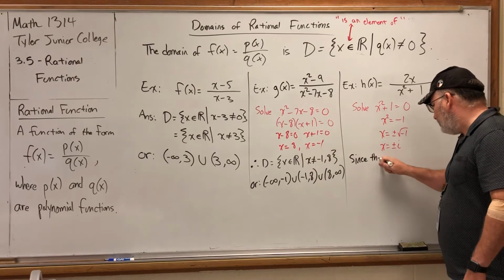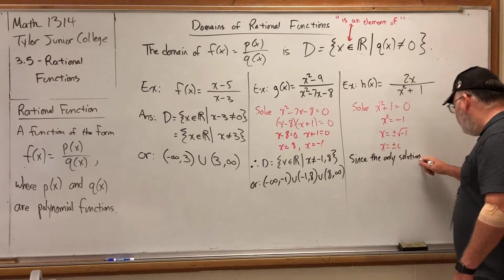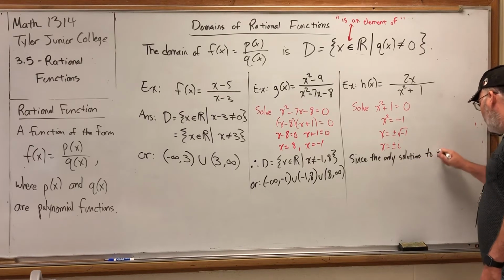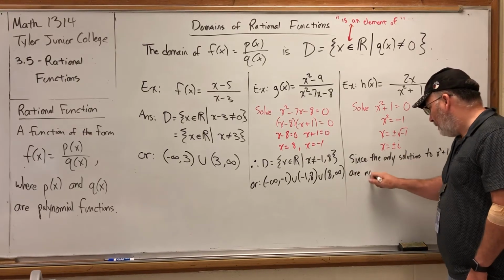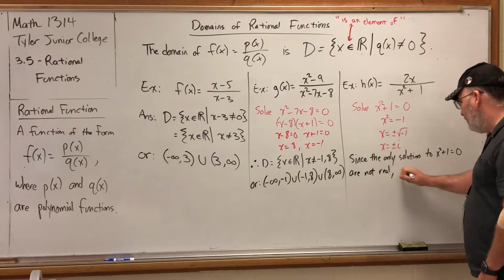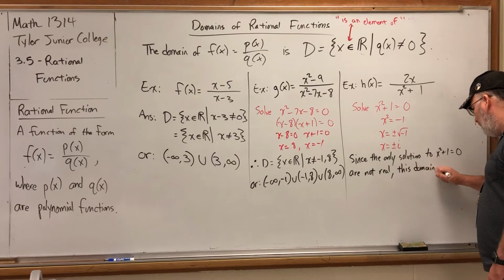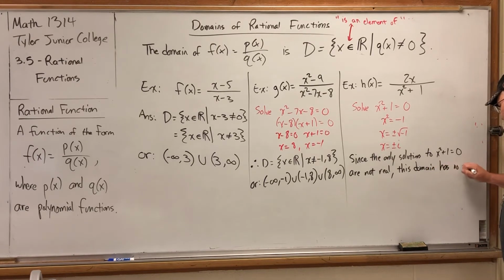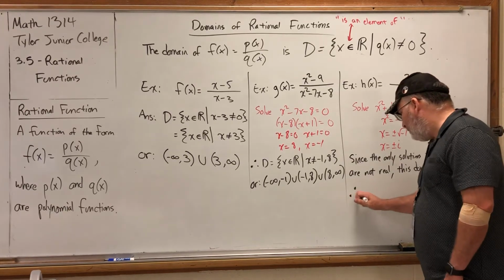Since the only solutions to x squared plus 1 equals 0 are not real, and we're only considering real numbers, this domain has no exclusions. And when I say no exclusions, meaning we start with the real numbers and we throw out the ones we don't want. So what's the domain?